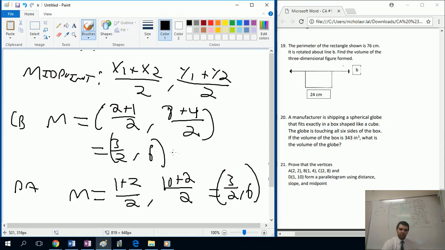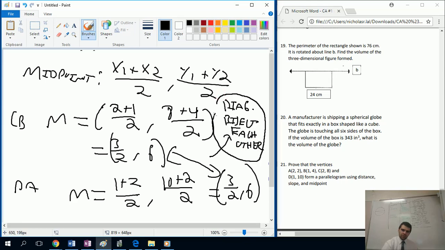So these are the same. This proves that for a parallelogram, diagonals bisect each other. Diagonals bisect each other, okay?